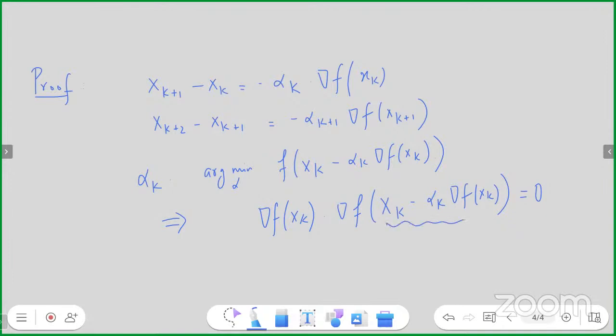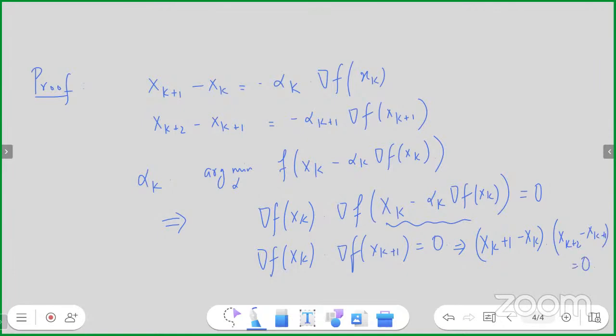What is this term? You look at the definition. So what do we get? This is really the punchline. From this, you can deduce that these two are orthogonal. This implies that xk plus 1 minus xk dot xk plus 2 minus xk plus 1 is 0.